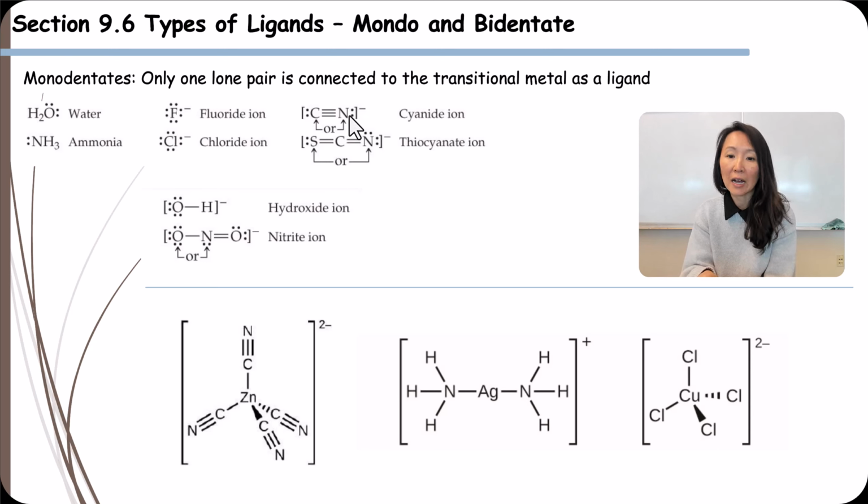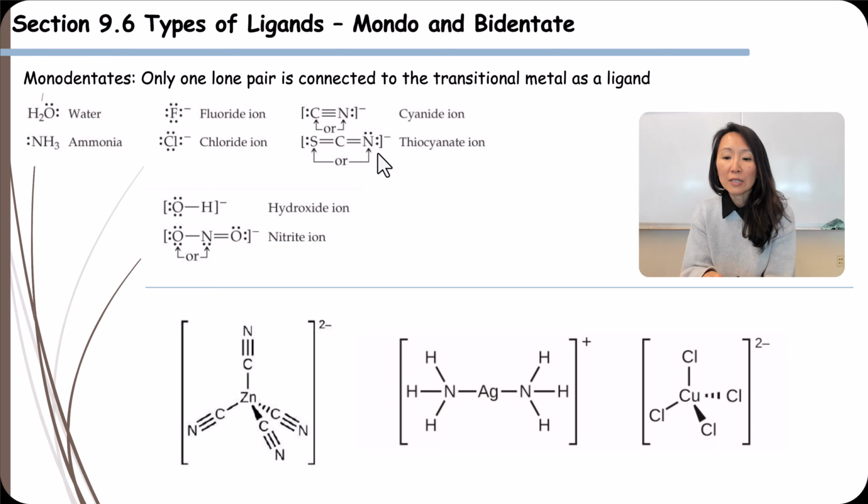You can't connect the nitrogen side at the same time. So I should clarify the definition of monodentate is that only one pair is connected to the transition metal as a ligand, and if there are more, there isn't going to be additional connection afterwards.